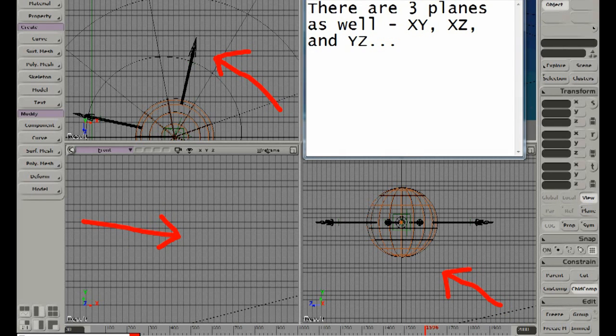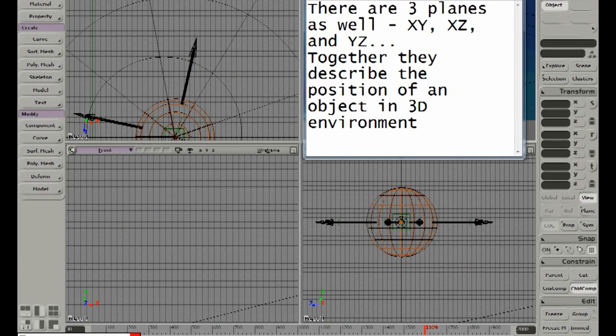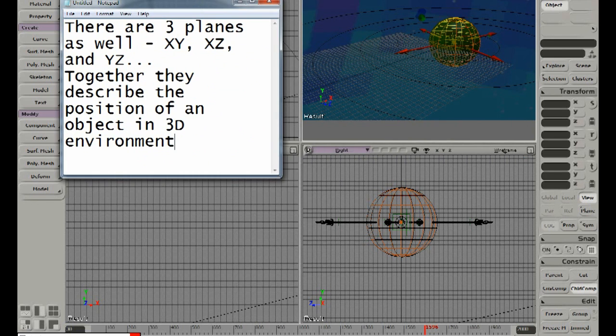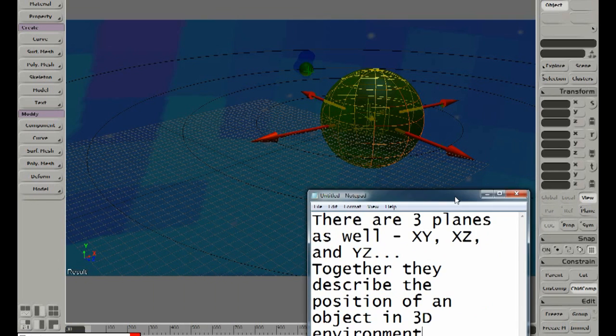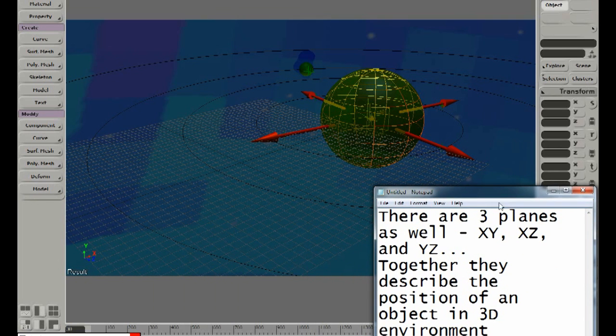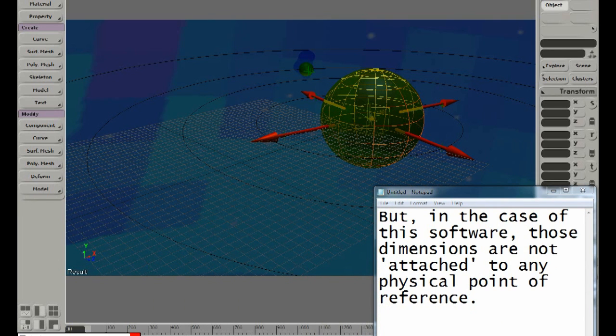There are 3 planes as well: XY, XZ, and YZ. Together they describe the position of an object in a 3D environment. But in the case of this software, those dimensions are not attached to any physical point of reference. This is the X-axis.